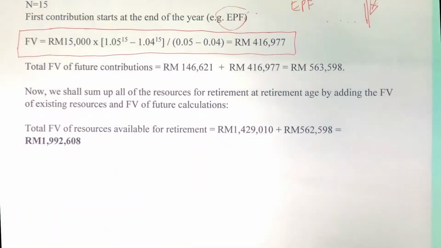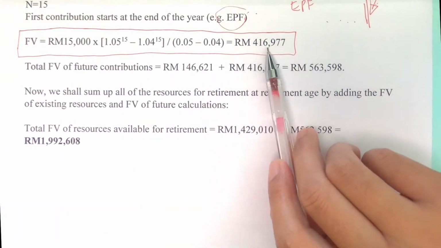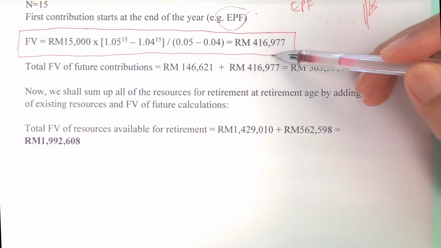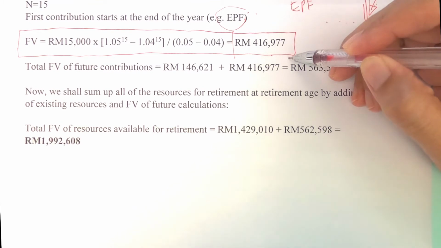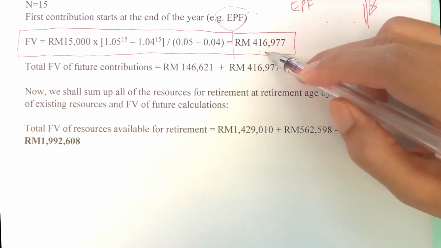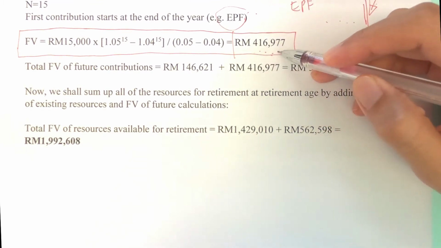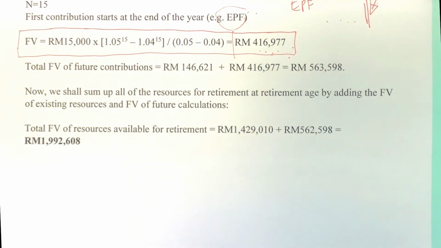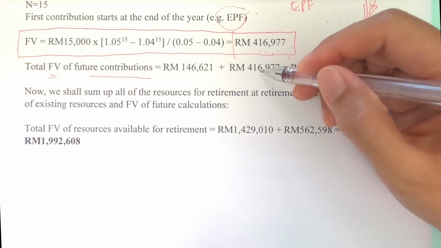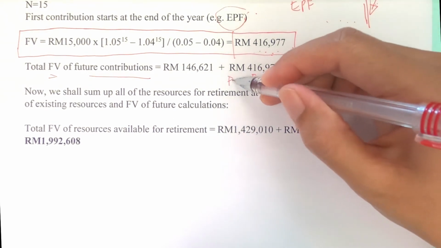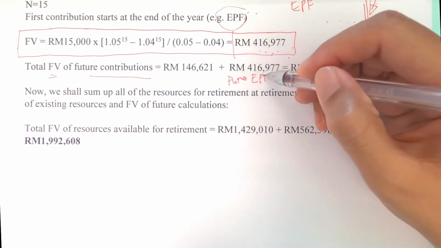You have to apply this formula and do the calculation, and at the end you get the future value amount, that is 416,977.